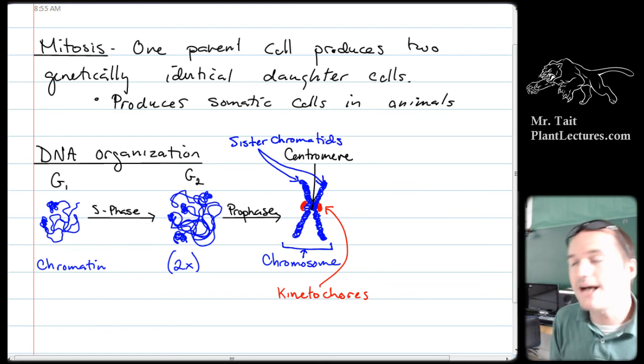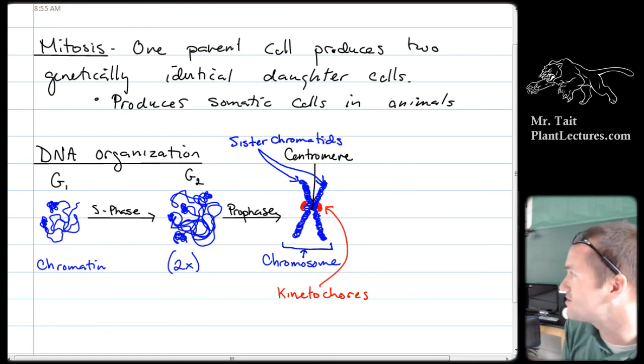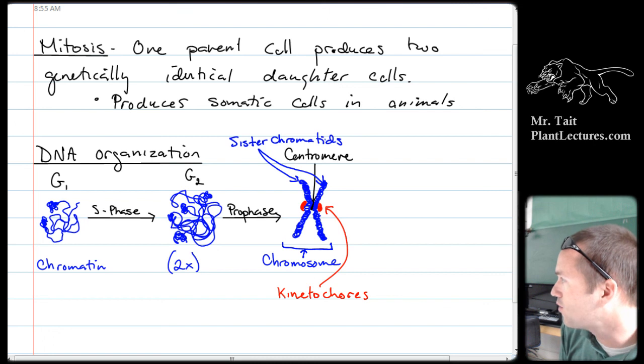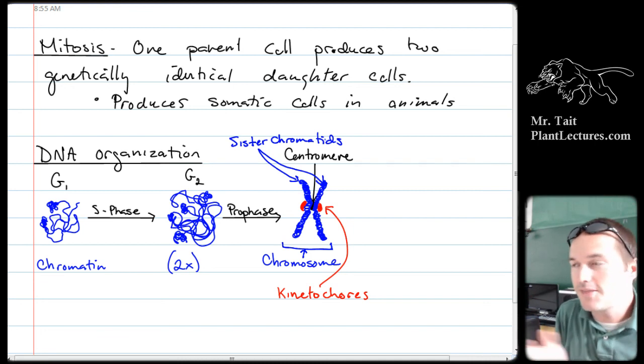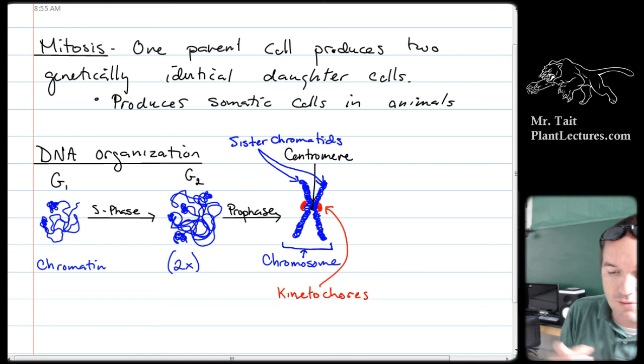So lots of words that sound similar here: centromere, chromosome, sister chromatids, chromatin. Those are very similar words, but it's very important to be able to distinguish between them.